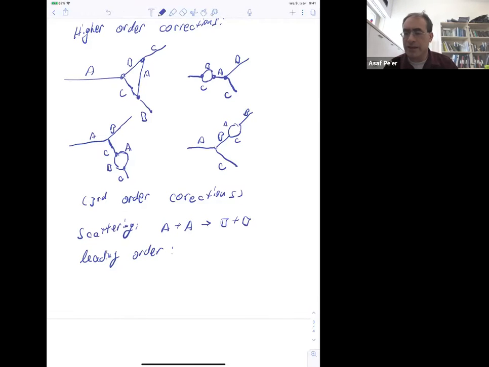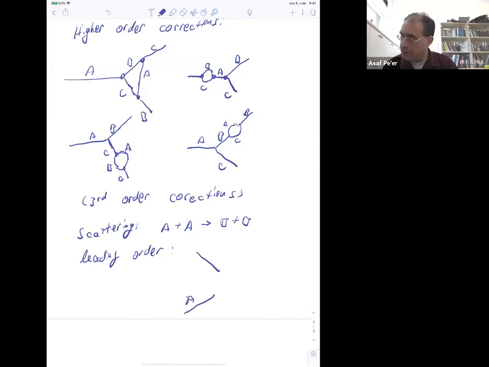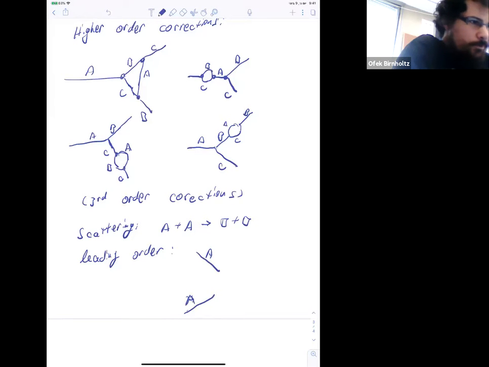So what comes from the left? Two A's, A and A. Since each particle is its own antiparticle, I don't need to have arrows. Then what gets out? Two B's.